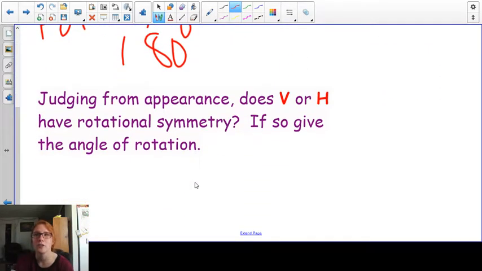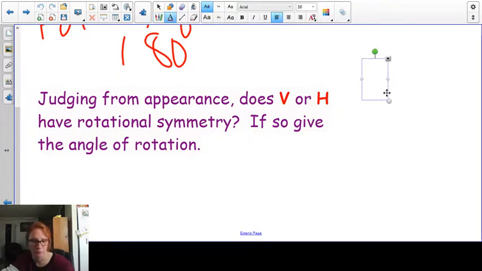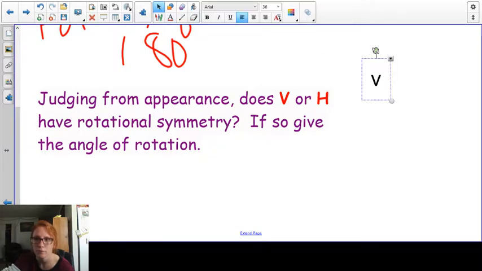All right, last one. Judging from the appearance, does V or H have rotational symmetry? If so, give the angle of rotation. Well, let's look at this V. If I spin him, do they look the same? Do they look the same?